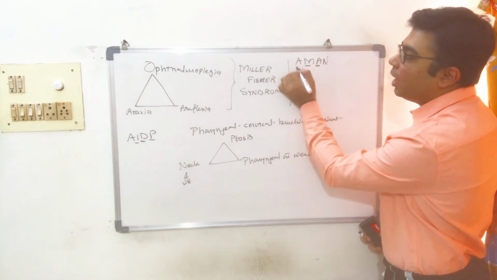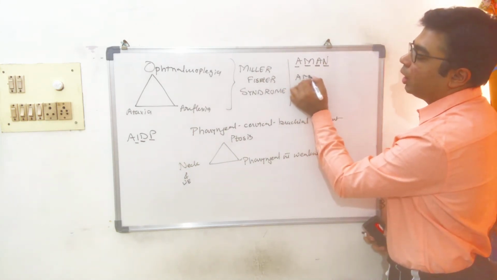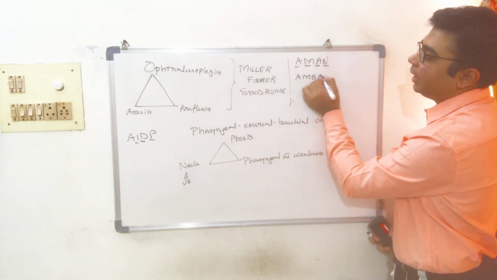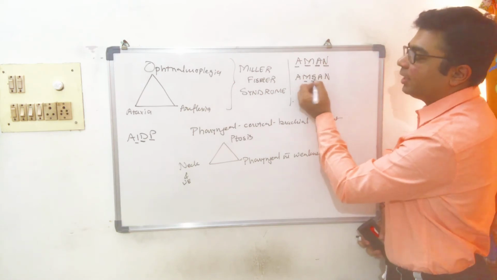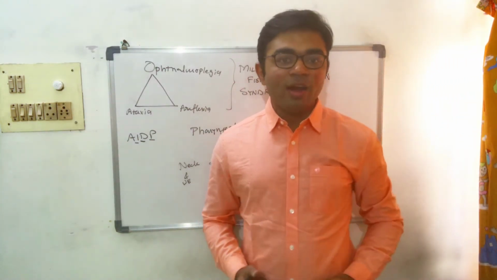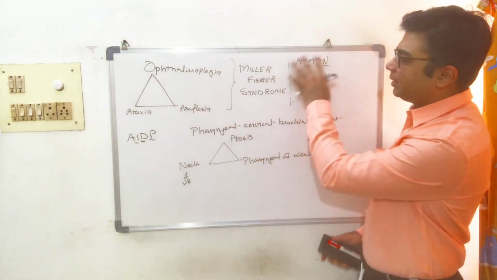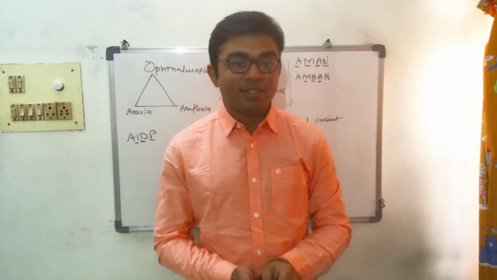That's why the name is acute motor axonal neuropathy. Next is acute motor and sensory axonal neuropathy, in which axons are also affected, but both the motor as well as the sensory axons are affected. So do write these short forms whenever the variants of the GBS are asked.